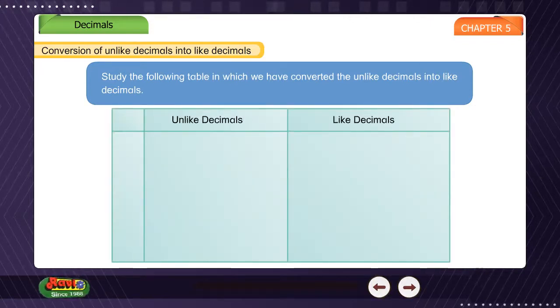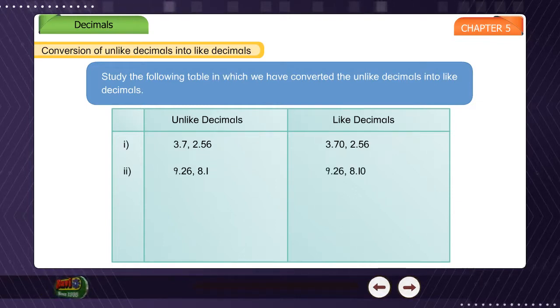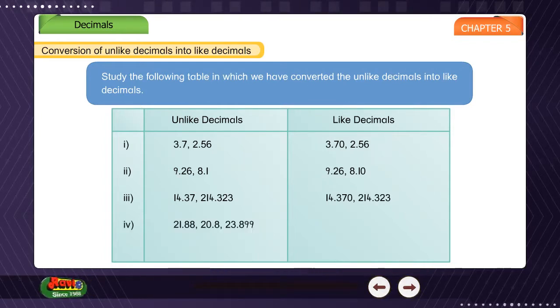Like decimals. 1. 3.7, 2.56. 3.70, 2.56. 2. 9.26, 8.1. 9.26, 8.10. 3. 14.37, 214.323. 14.370, 214.323.